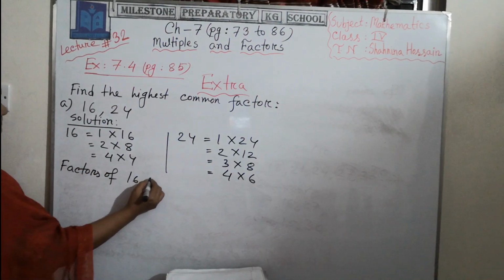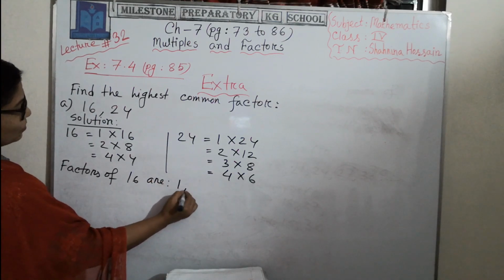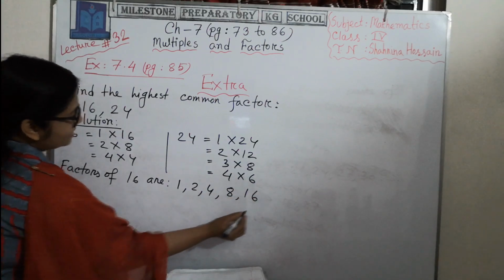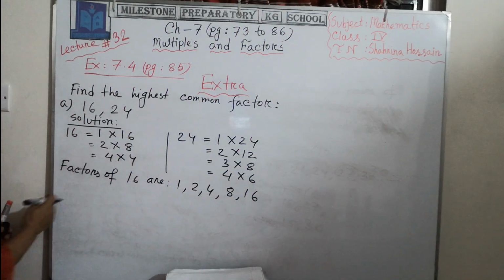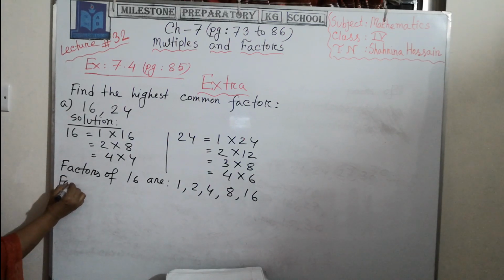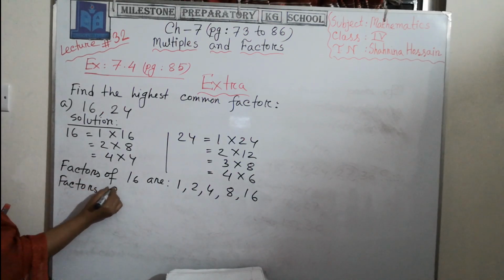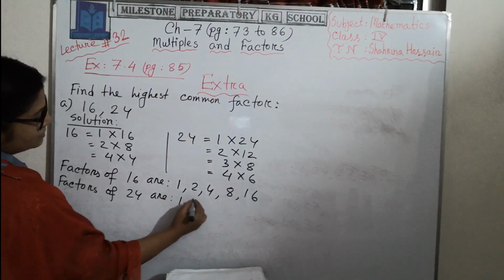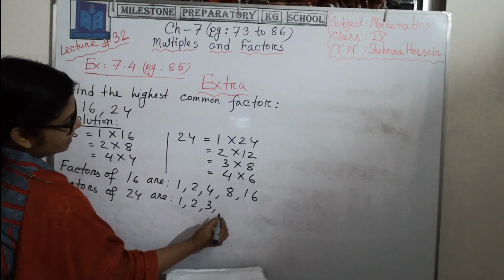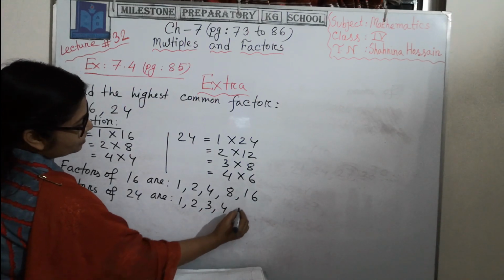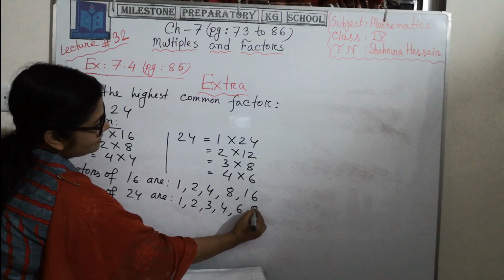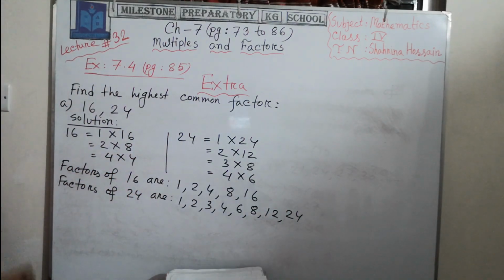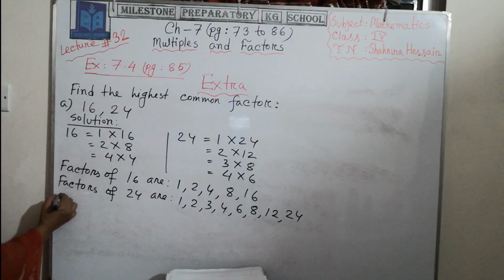Okay. So factors of 16 are 1, 2, 4, 8, then 16. By this way, factors of 24 are 1, 2, 3, 4, 6, 8, 12, at last 24. So, who are the common?